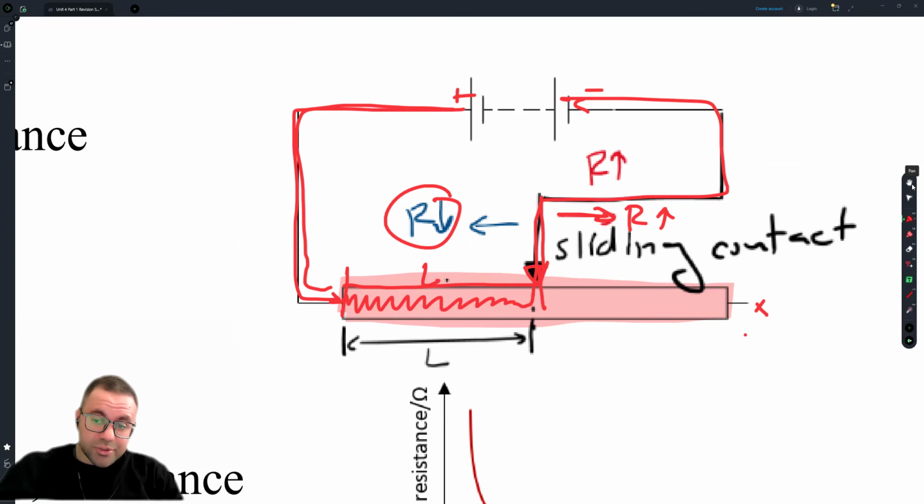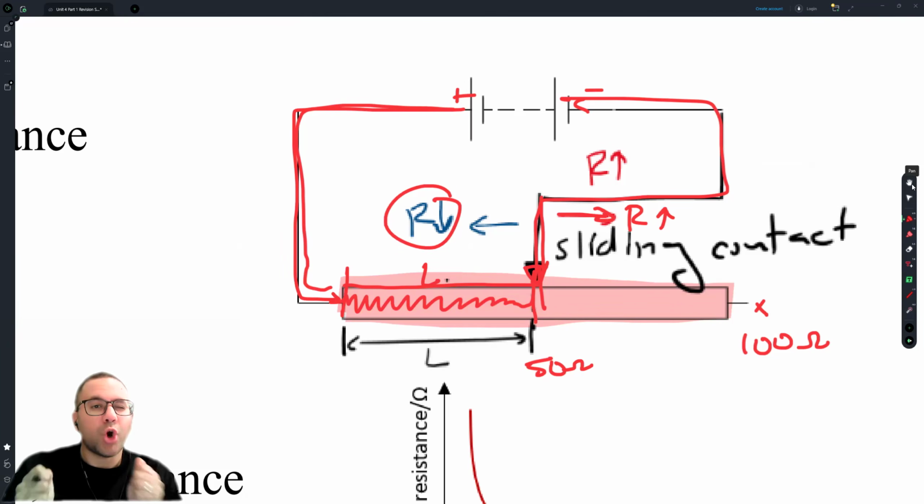So if this entire wire was 100 ohms, and it passes only through half of the length, then it's actually passed through how many ohms? 50. You can always get the value of the resistance by checking the ratio of the lengths. Like, are you through half of it, a quarter of it, a tenth of it, 3/4, and so on.